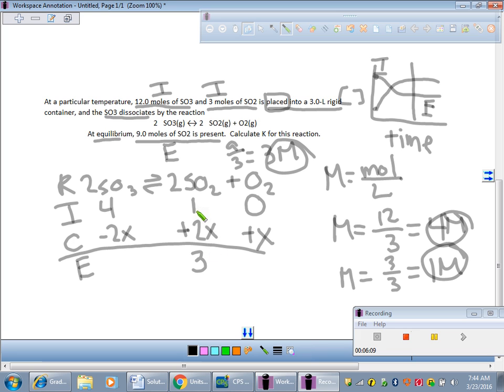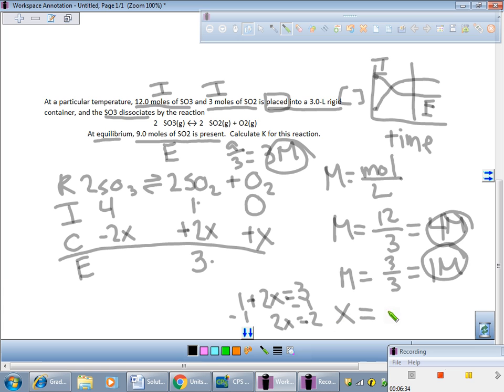All right, so now we can solve for X because I have an initial and an equilibrium concentration. If I know my change, I can solve for X. So 1 plus 2X equals 3. Well, this is an algebra problem. Subtract 1 on both sides. 2X equals 2, so your X ends up being 1.